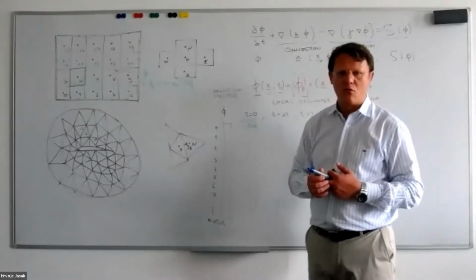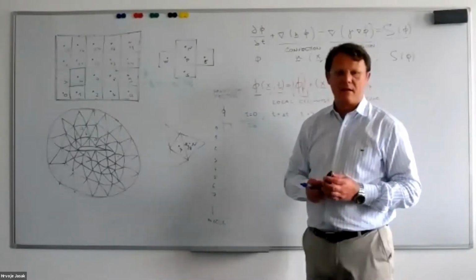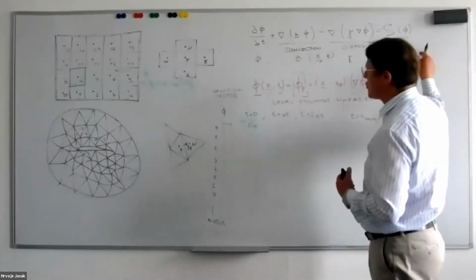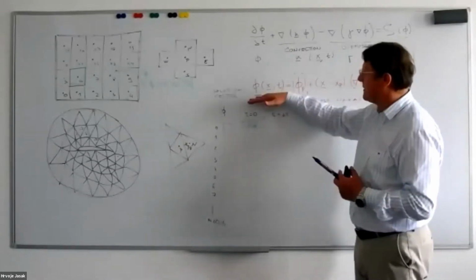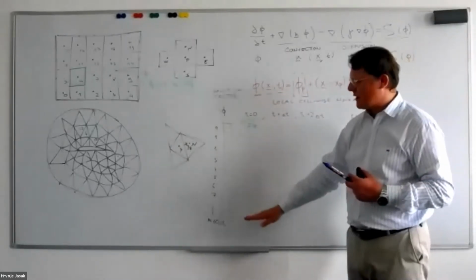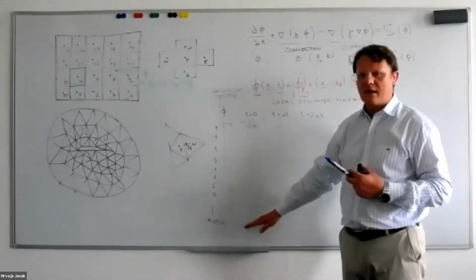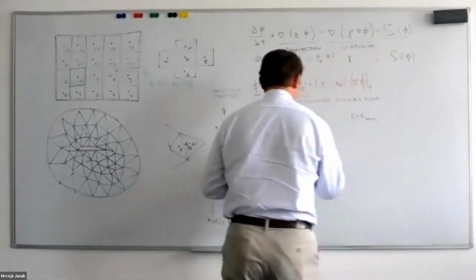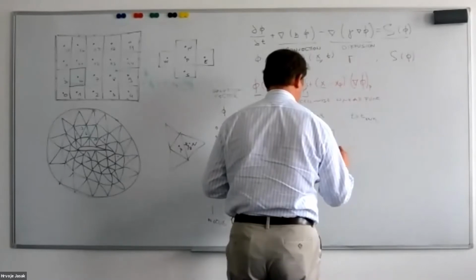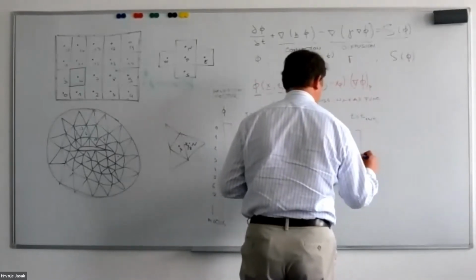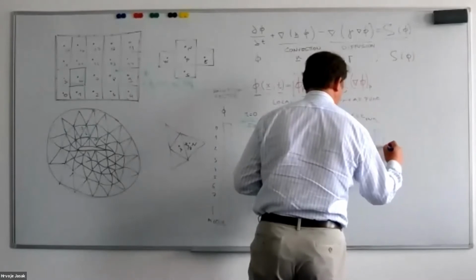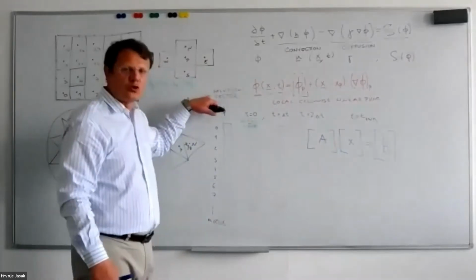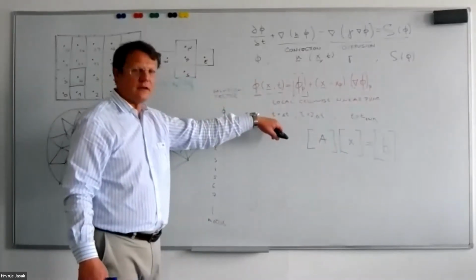In the case of OpenFOAM, we use the implicit method. The implicit method looks to convert the partial differential equation, which has been discretized in space and time through a set of values, by creating a system of linear algebraic equations, A x equals B, where x is the set of values or the solution vector belonging to a particular time step.